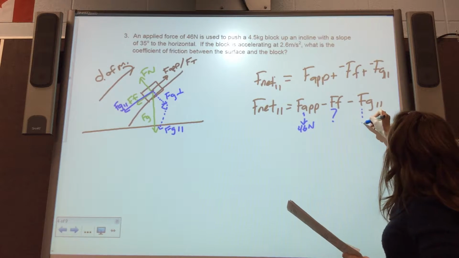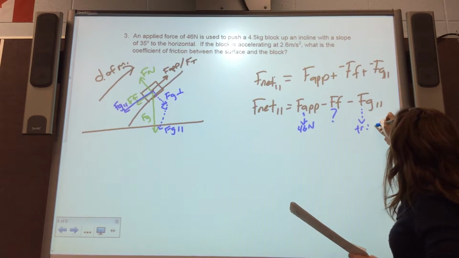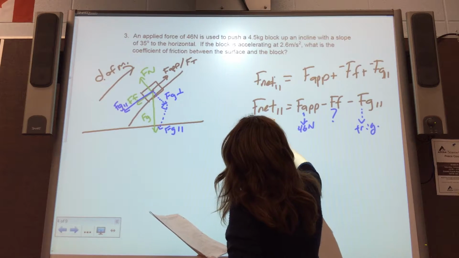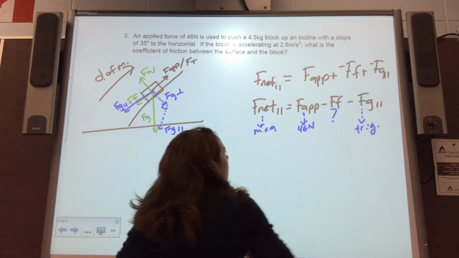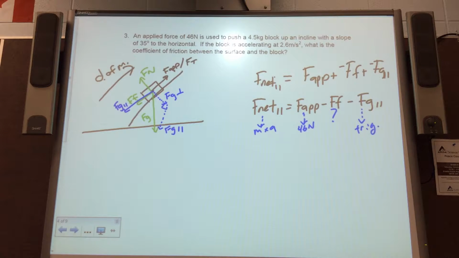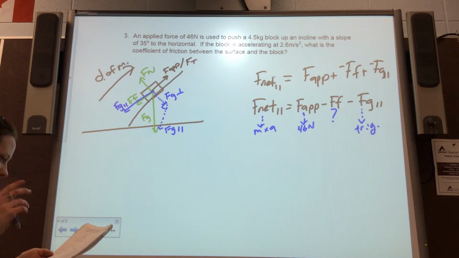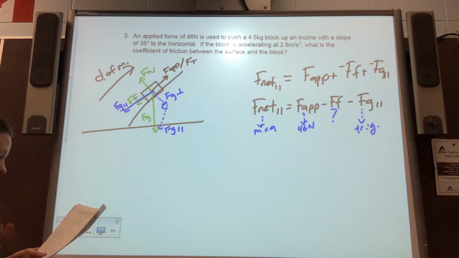My FG I can find using trig. And my F net parallel I find using M times A. So sometimes I just write out all that information just to see, okay, what do I know, what do I need to know, because there's often several steps involved with these problems. So I need to find a lot of things.